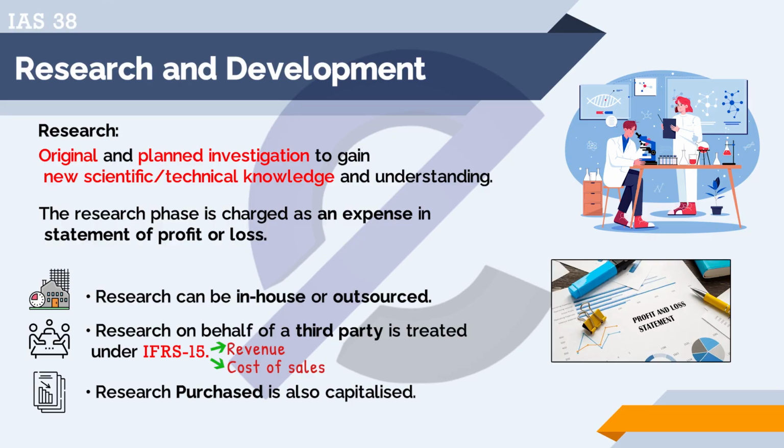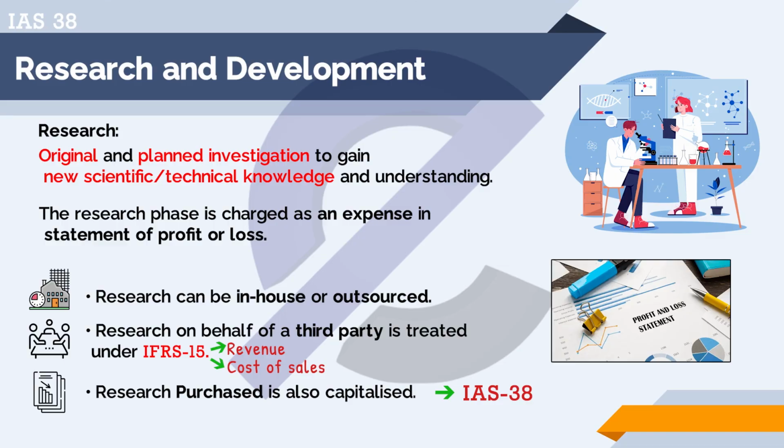But once again, please keep this in mind that this is now going to be your intangible asset under IAS 38. It is not going to be called your research expense that you can charge in your statement of profit or loss. The expense in statement of profit or loss will only be accounted for if this particular definition is met.